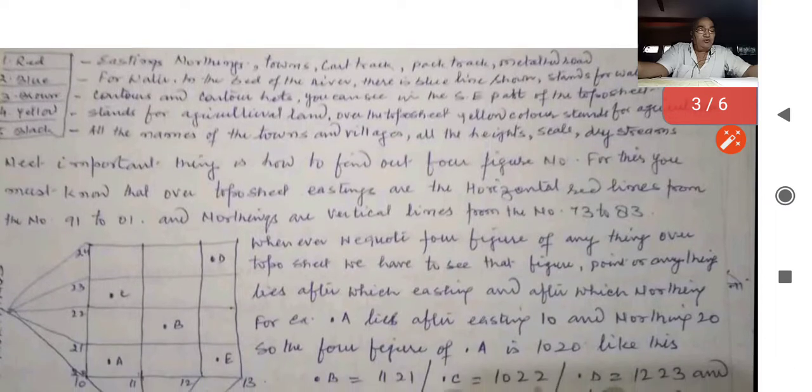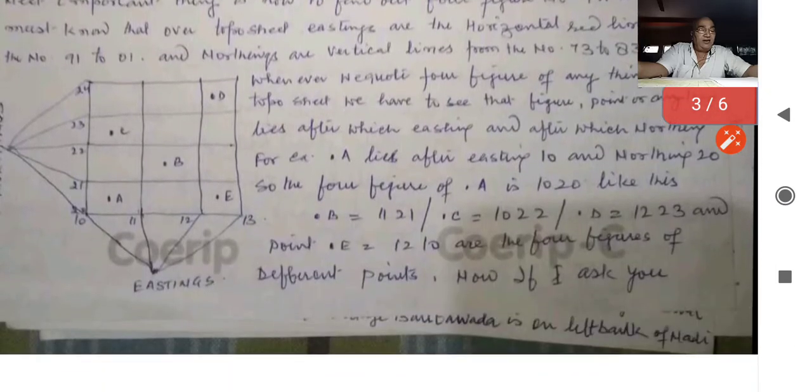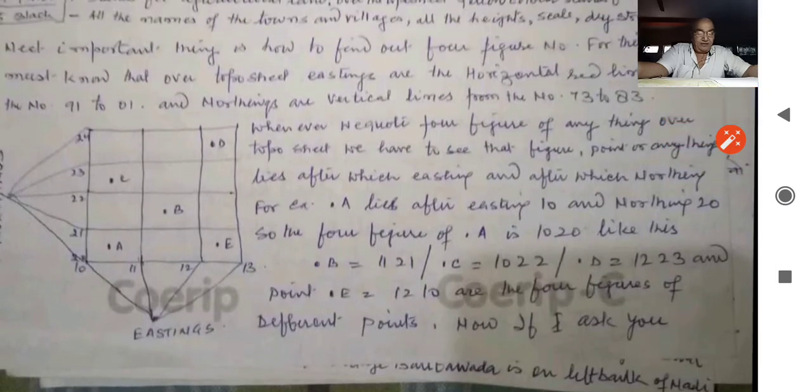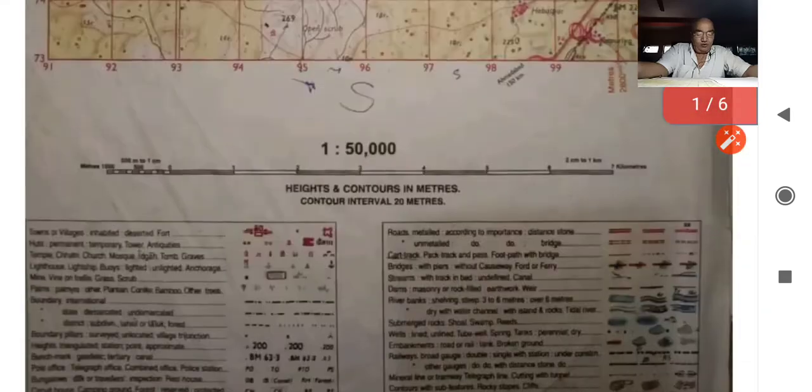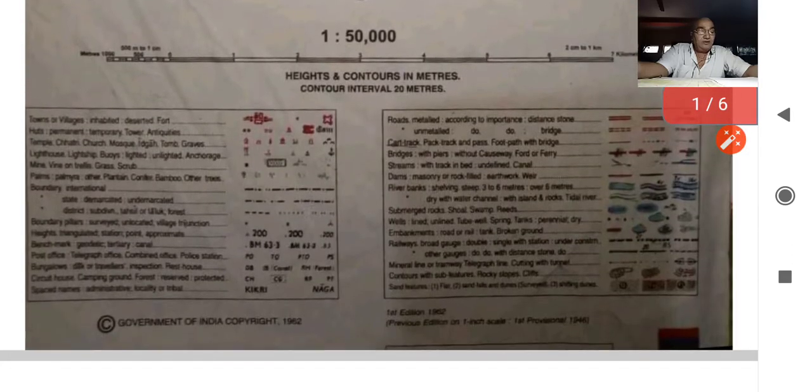At bottom of the topo sheet, different colors are given at the extreme. They give specific information. Are you able to see? They are placed at the bottom right hand side.